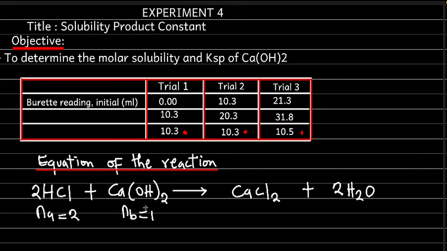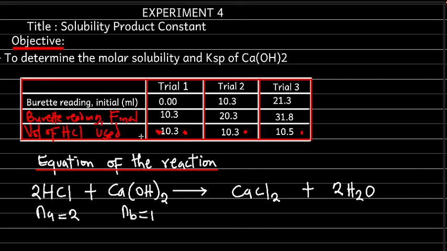This is the volume of the acid used. This particular one is the first titrate. This is the volume of HCl used, and this is the burette reading final.